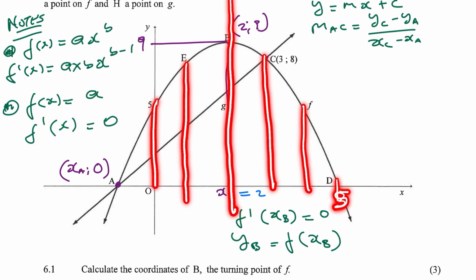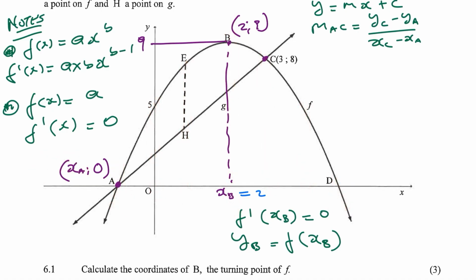This is going to be a 0. And this is going to be a negative 1. Do you see? So the x value of A is equal to negative 1. Does that make sense? That's how you would visually see it.